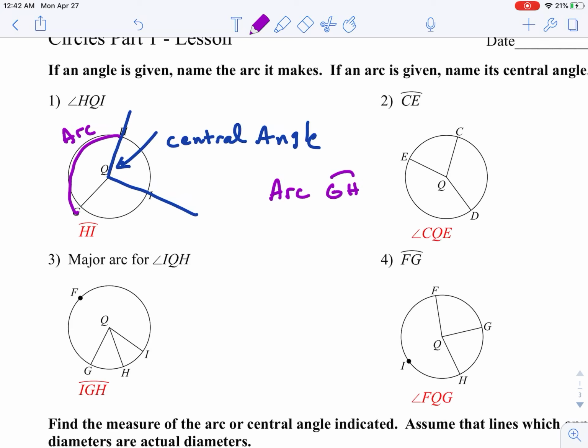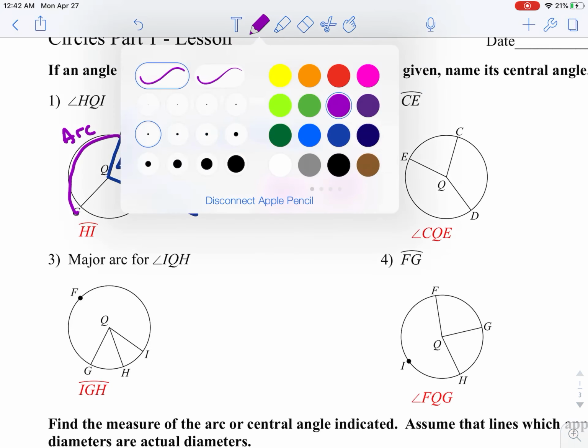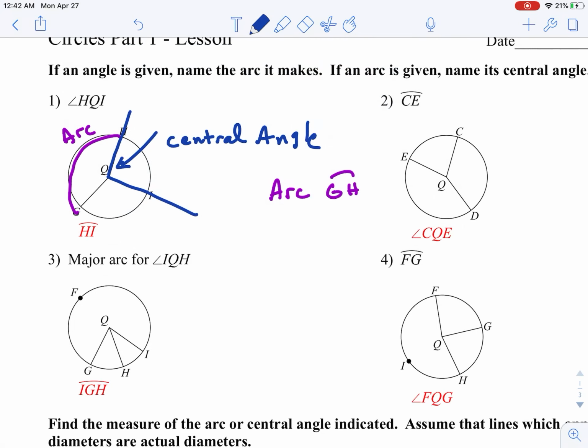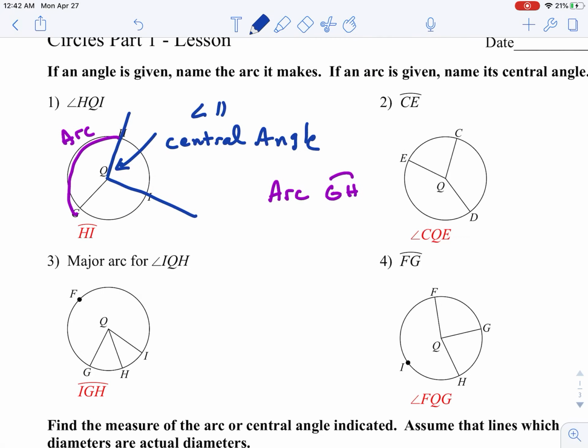A major arc is 3 letters. I'll explain that in a second. The central angle is angle HQI. It's a central angle because it's at the center. The vertex is at the center. So central angle and arc.